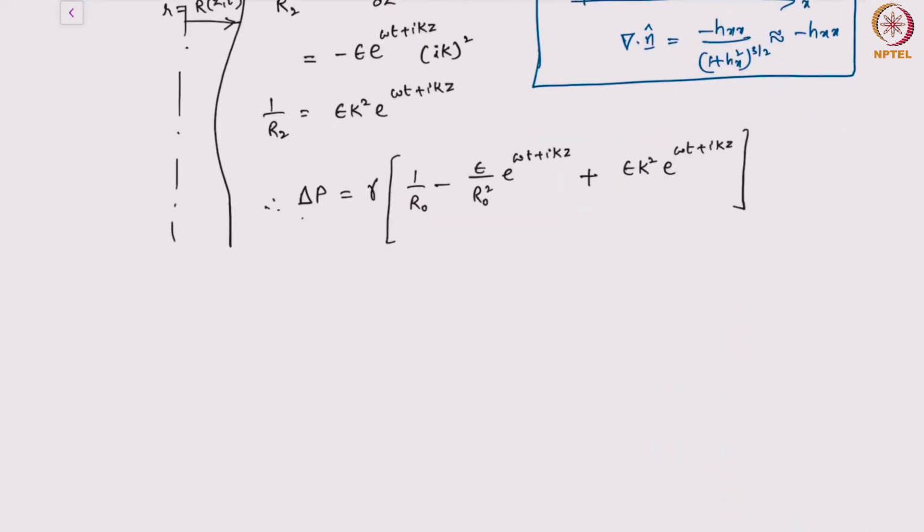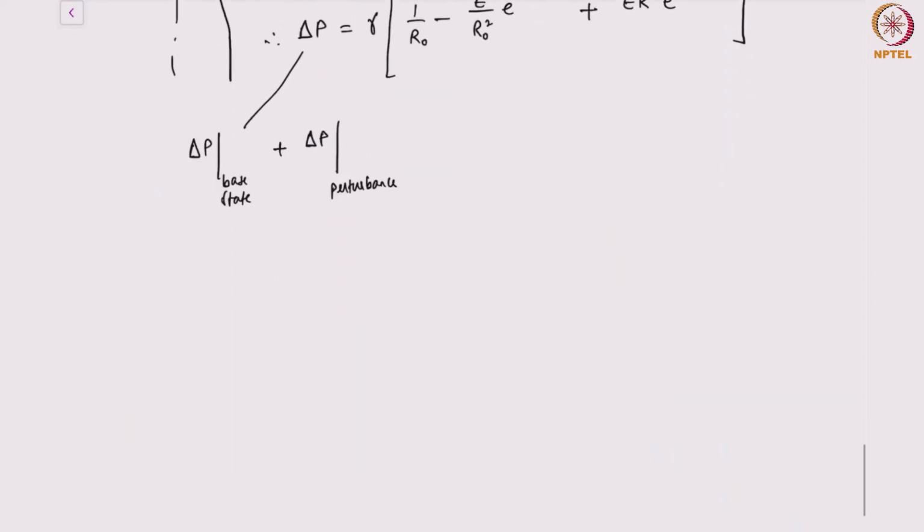Now this pressure jump has two parts. This is delta P base state plus a delta P with a perturbation or a disturbance. Remember that even for a circular filament, which is an undisturbed filament, because of curvature and surface tension, you actually have a pressure jump. What is the pressure jump in the base state?